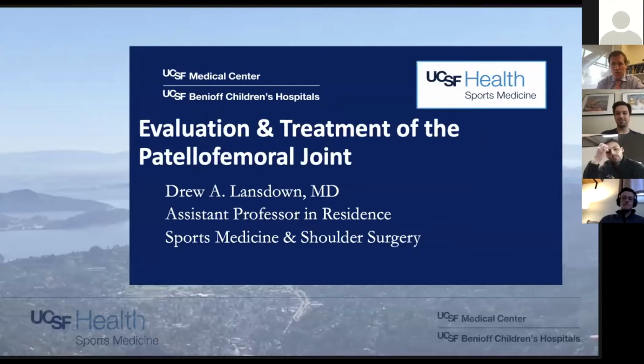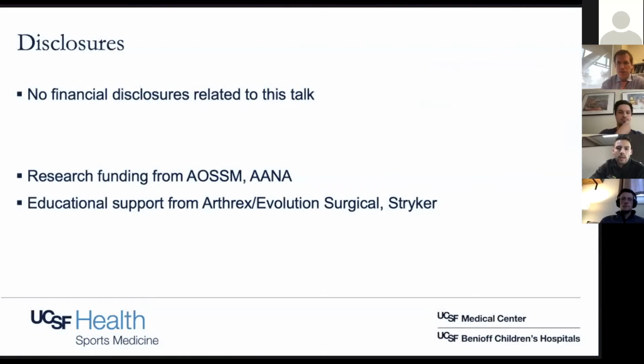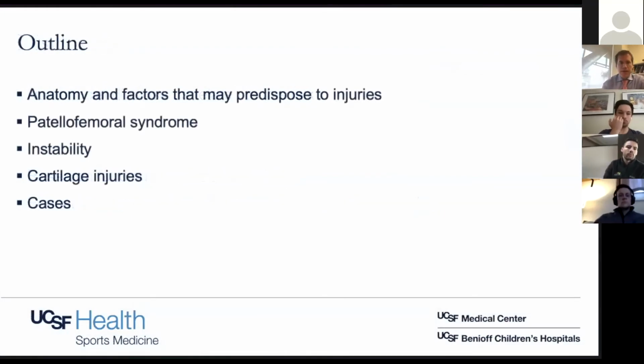And so for this talk, we'll be going through evaluation and treatment of the patellofemoral joint. Just to be clear, no disclosures for this talk. As an outline, I think first it'll be helpful to review anatomy and factors that can predispose to injury.